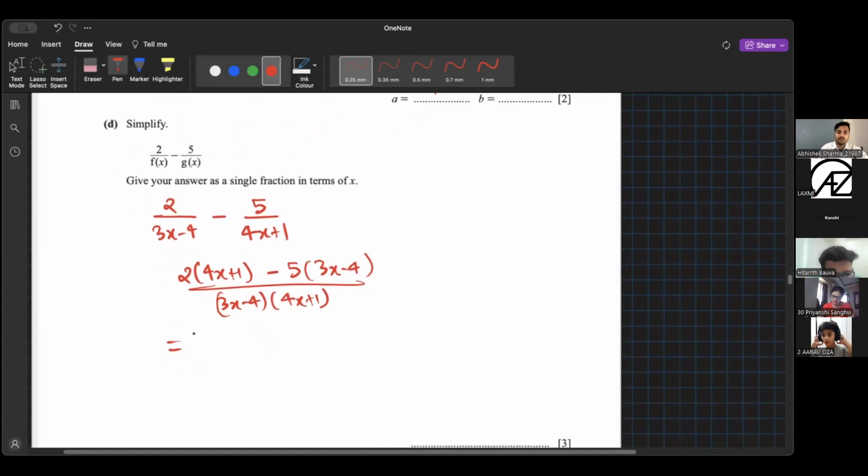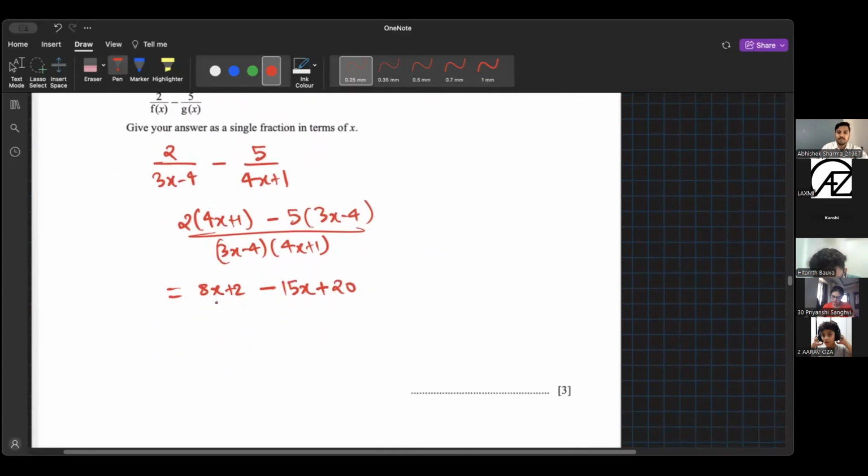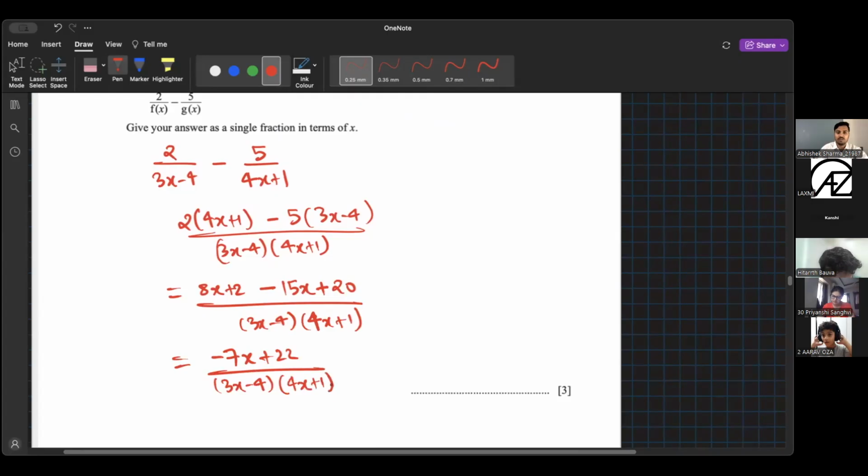Now solve the numerator. So 8x plus 2 minus 5 3s are 15x plus 5 4s are 20, divided by (3x minus 4) and (4x plus 1). So this is going to be 8 and 15, minus 7x plus 22, divided by (3x minus 4) and (4x plus 1). That's the answer.